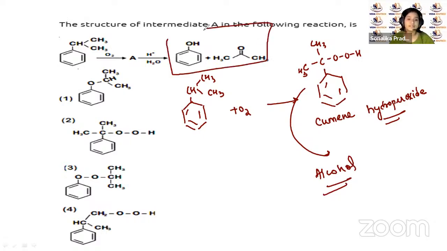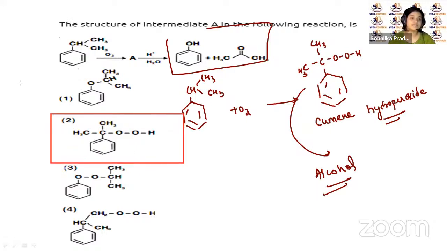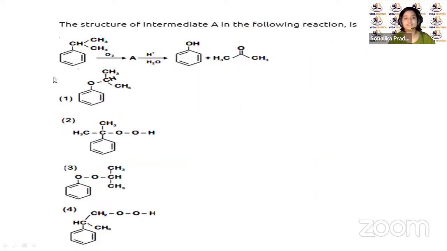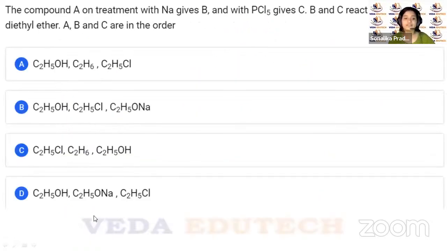So where is it present, children? It's present in option B. So option B is going to be your correct answer. Yes. So this is cumene hydroperoxide. This is your correct answer. Okay, children. Moving on to the next question. So next question here on your screen. Try, everyone.